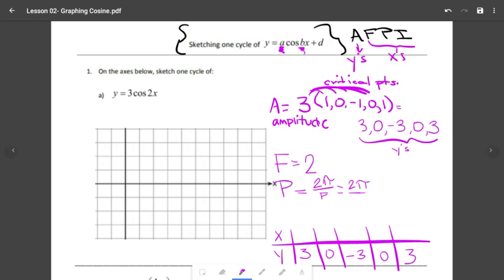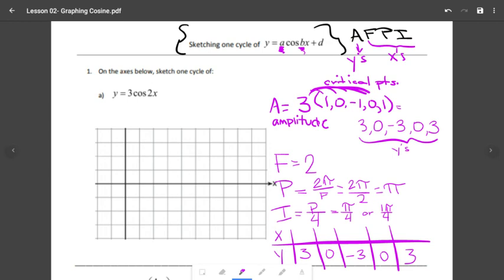So 2 pi divided by 2 in this case is pi. And then I is the increment. It is what we are going to count by on the x-axis. It was the period divided by 4. So pi divided by 4, or we could say 1 pi divided by 4.